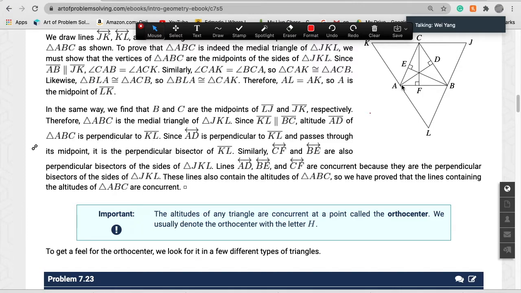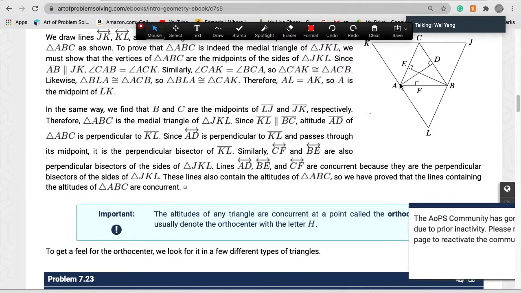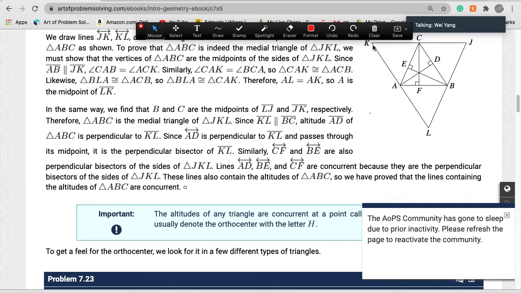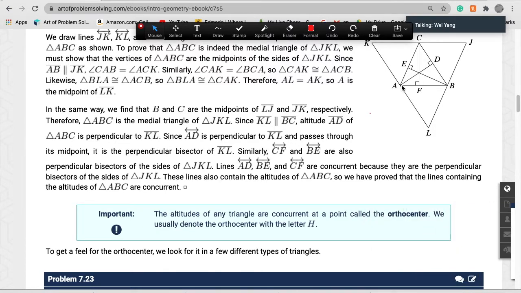Because see, AD is perpendicular to BC, and BC is parallel with KL, so that means AD is also perpendicular to KL, and A is the middle point of KL, so that means AD is a side bisector of KL, right?